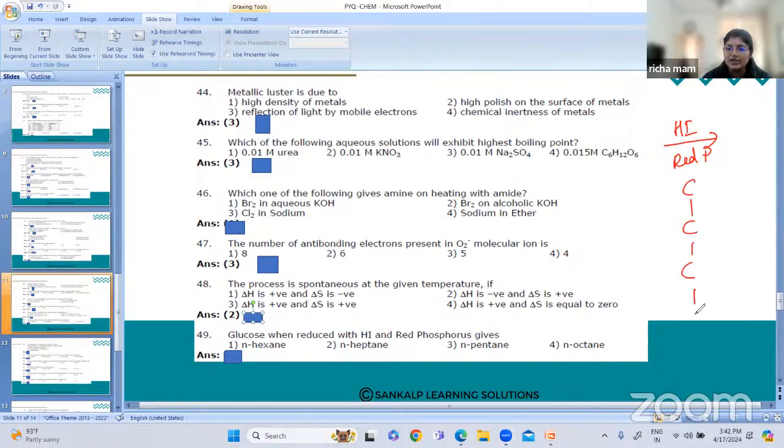In glucose, how many carbon atoms are there? It is 6 carbon atoms. So it will give you n-hexane. This tells you that the glucose structure has 6 carbon atoms. So n-hexane. Okay, next one.